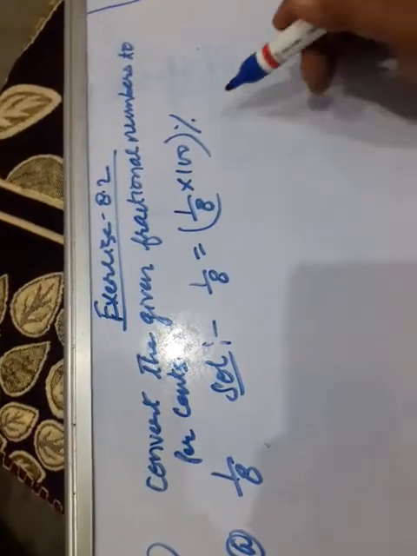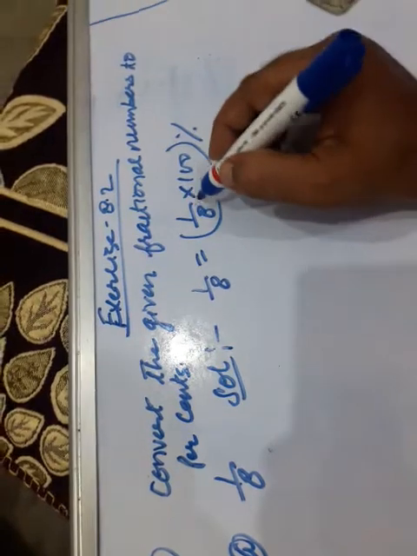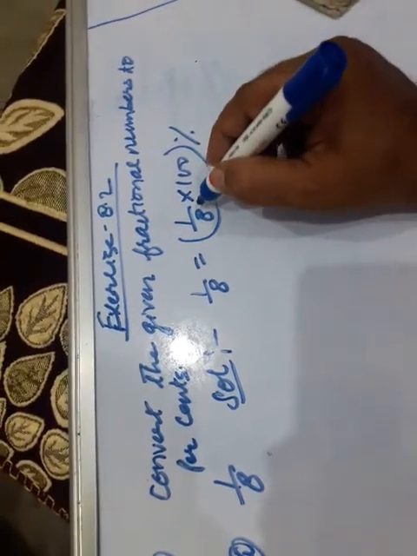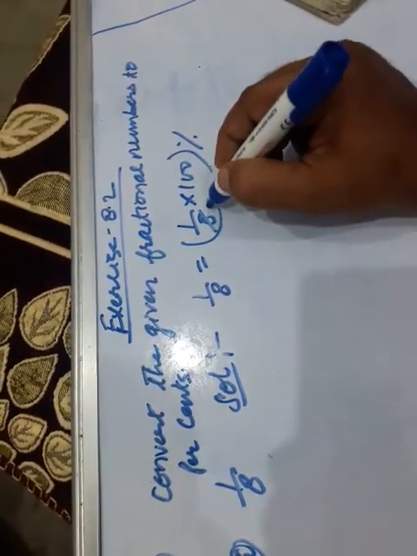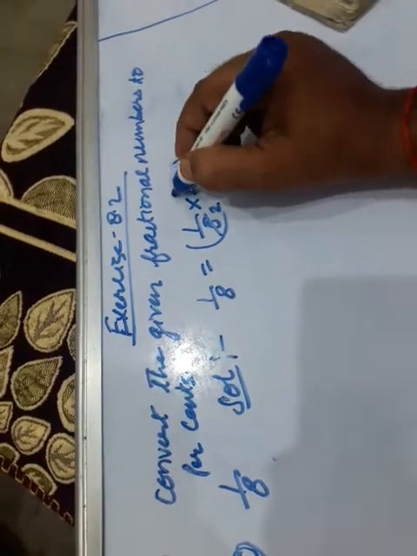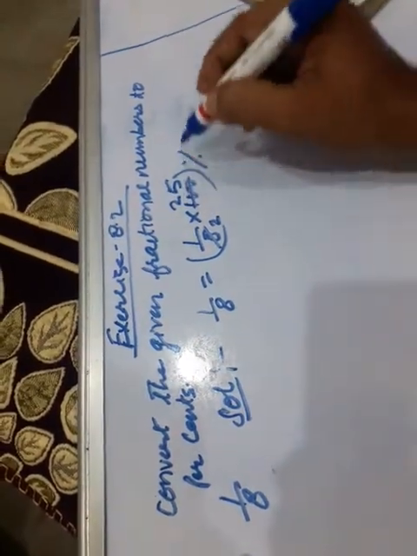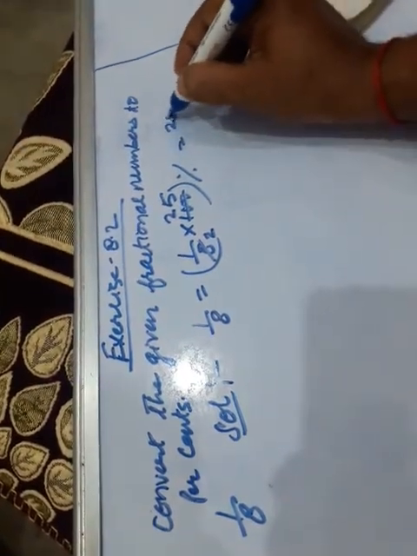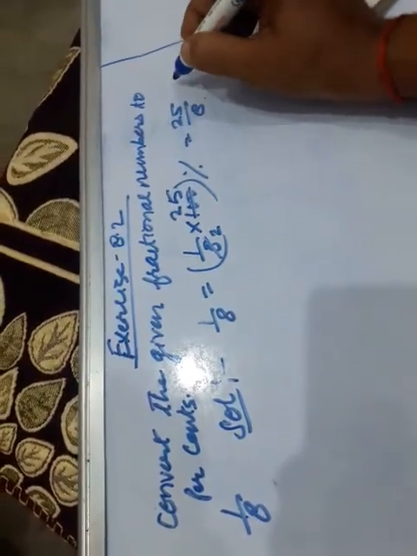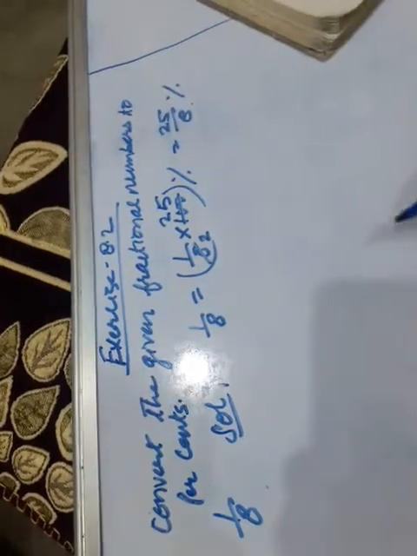That will be your required percent. 4 2s are 8, and 4 5s are 20. That is 25 upon 8%. Clear?